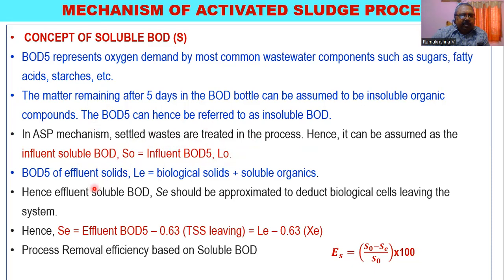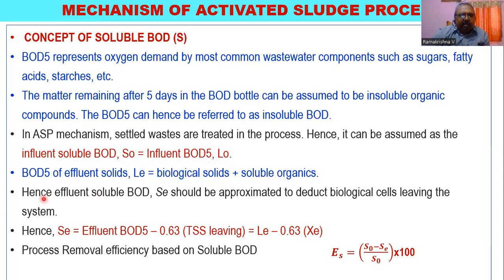But the effluent solids coming out from the secondary treatment system consist of both biological solids plus soluble organics. Biological solids are going through some recycle, or maybe they are escaping from the system. Soluble organics are also there in the system.